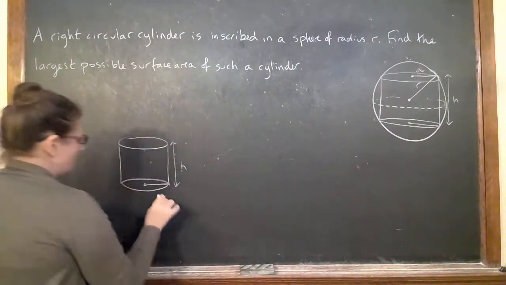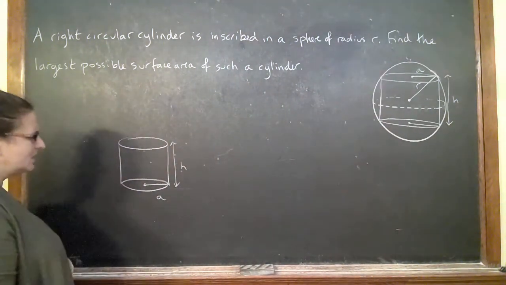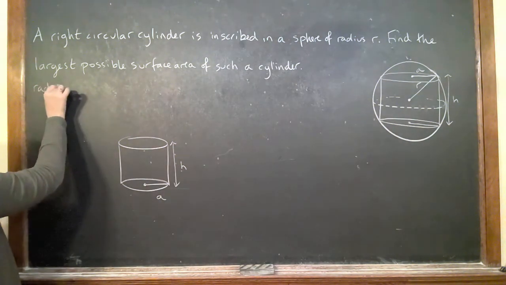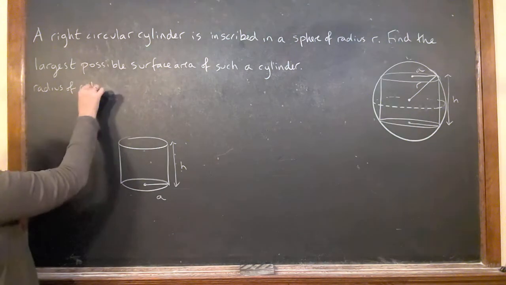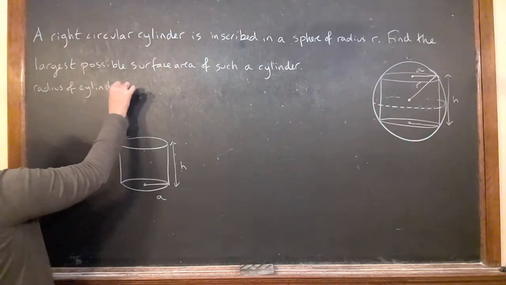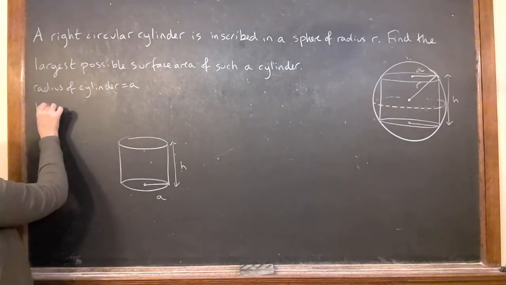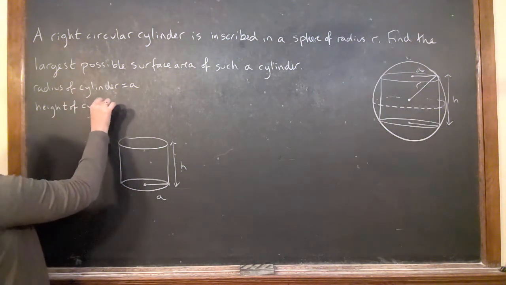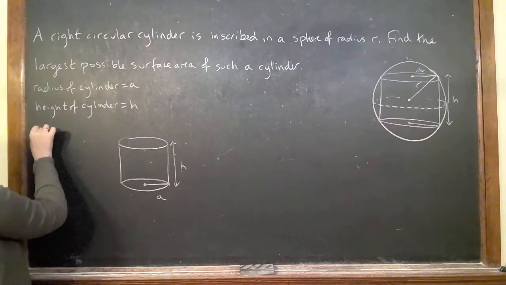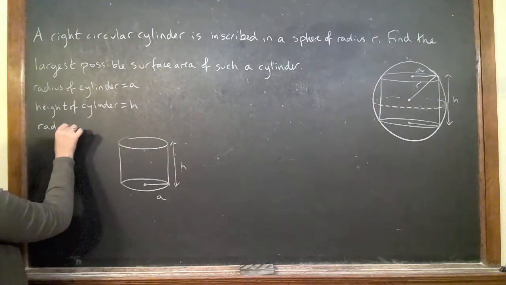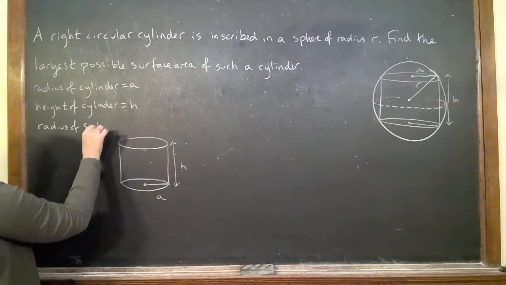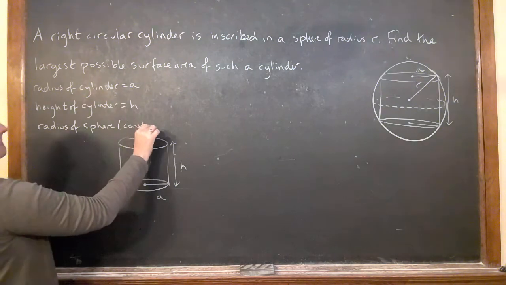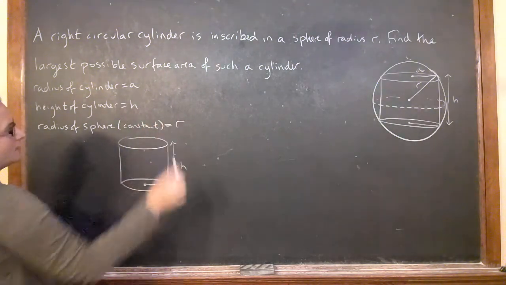So the radius of my cylinder we're going to call A. The height of the cylinder we can call h, and the radius of the sphere, which is a constant for the problem, we're going to call r, as they told us to.